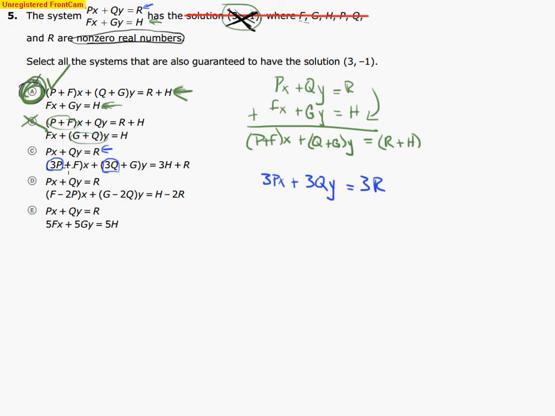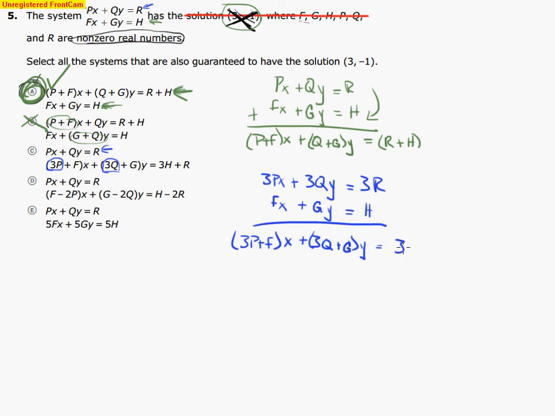Then again, all I'm going to do is add to my other equation. So I have fx underneath, then gy underneath, and h. Now I should get 3p plus f, that's times x, plus 3q plus g times y.